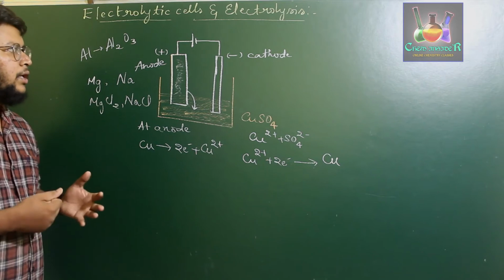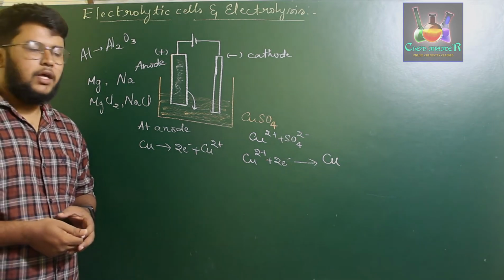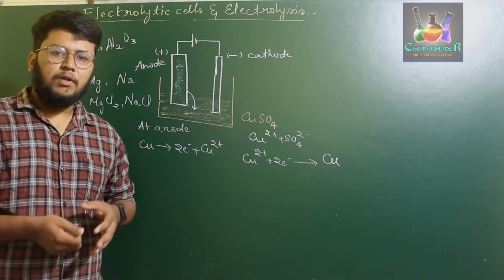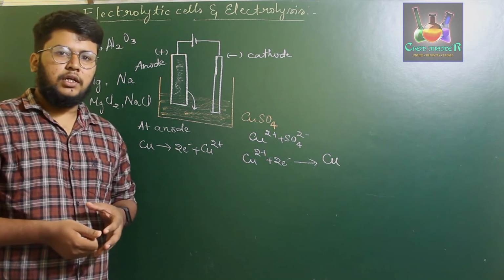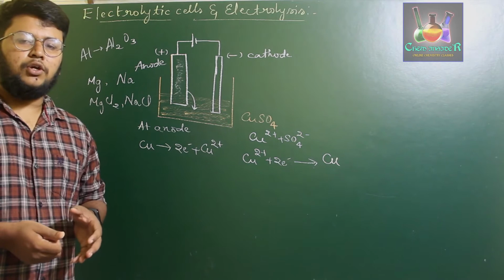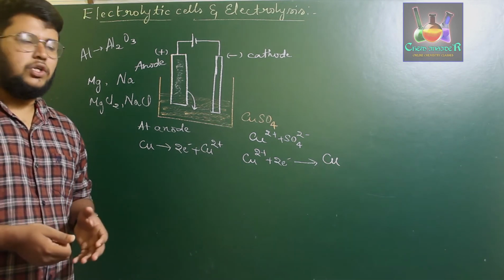But how do we come across this particular process of electrolysis and its application? That is by the help of a scientist named Faraday. When Faraday was studying certain chemical changes, he observed that a metal was accumulated on a different electrode compared to the metal strip or the metal solution taken in the beaker.